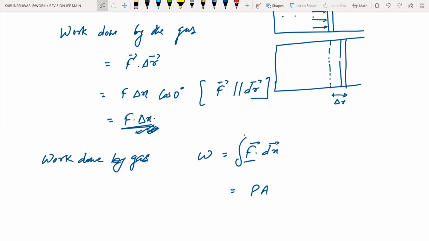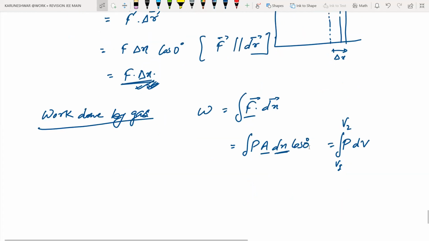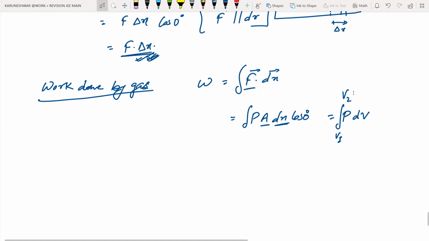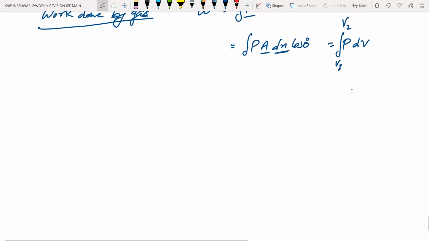If I consider the area of cross section of the piston as A, this will be PA times dx and then cos 0, integrated. Now A into dx is nothing but the volume, so it is pressure times dV. Integrating with limits from V1 to V2, the work done by the gas is the integral of P dV from V1 to V2.